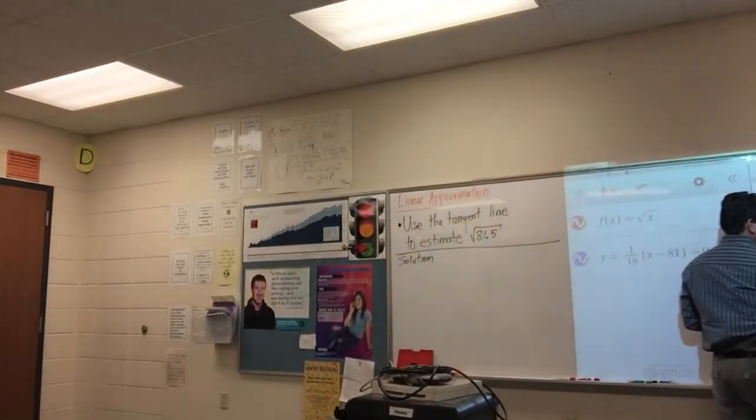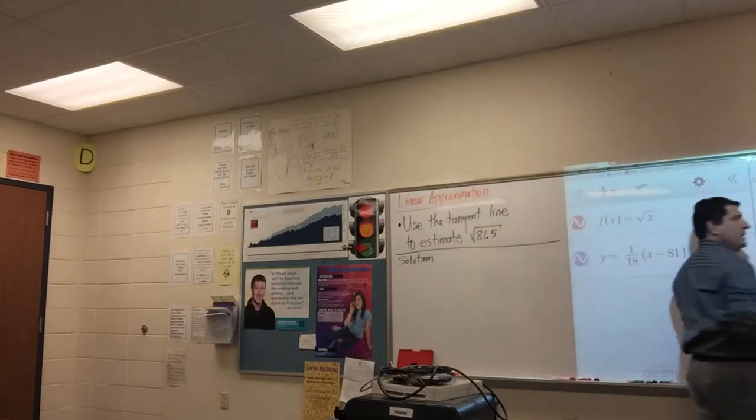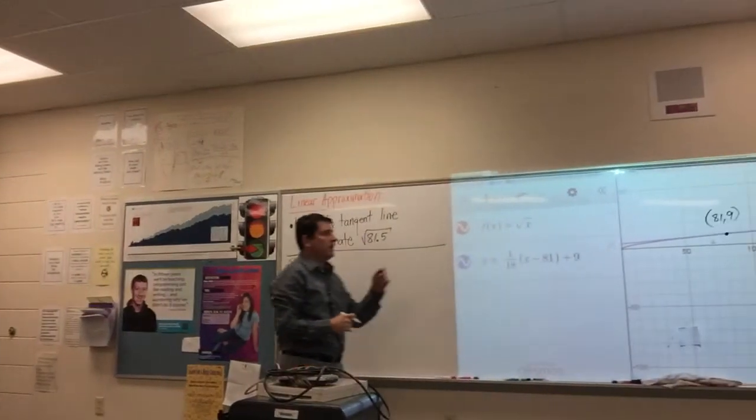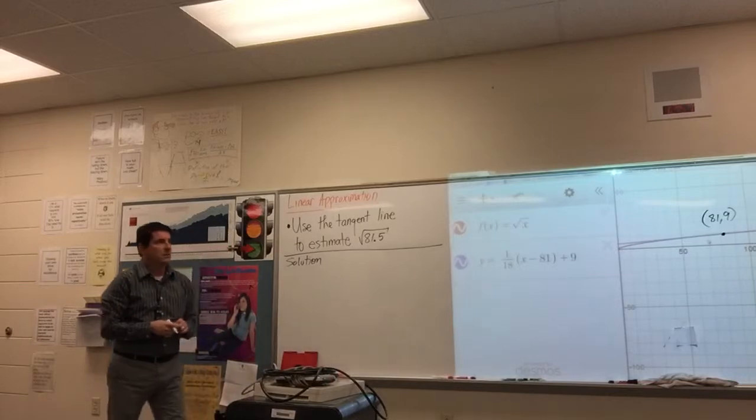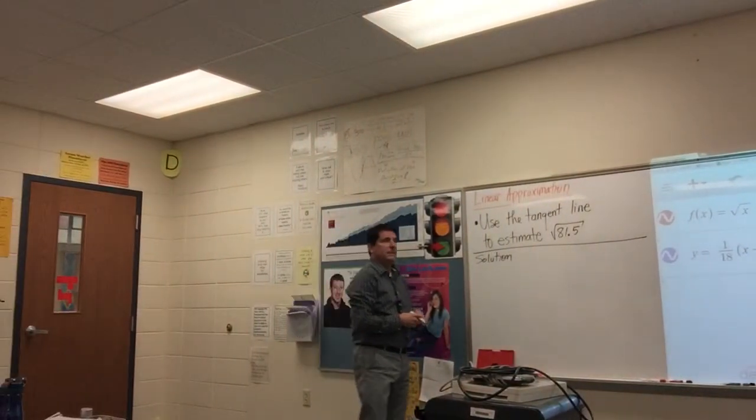So 60, 70, 81. We're going to find the tangent line at 81, 9. We're going to draw the line tangent to the function at x equals 81.